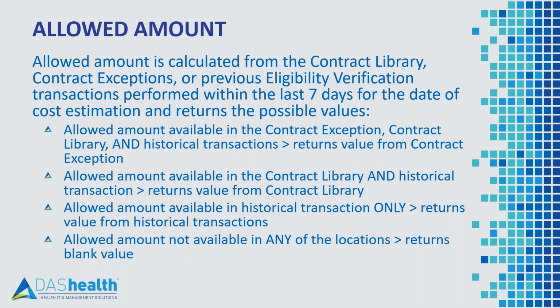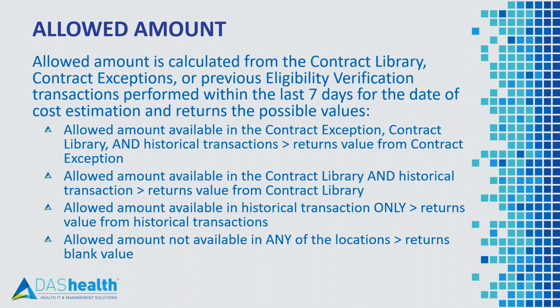So if you do have that RTE license, then it would be able to pull from that historically, with a note that that does have to be performed within the last 7 days. So it is just looking at more recent information; if it was a couple months ago or a year ago, then it's not going to be pulling that information.